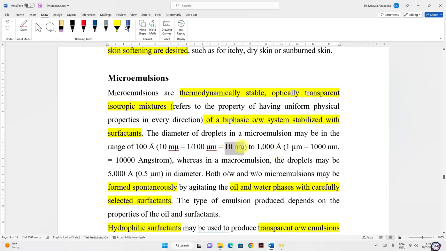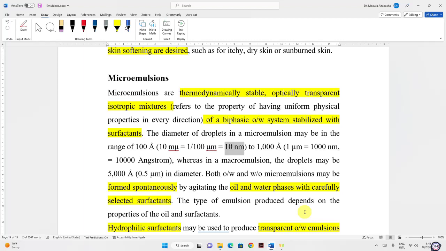So you have the internal phase size ranging from 10 nanometer to 100 nanometer. This is very small. If you compare it to the normal emulsion, they are 0.5 micrometer, meaning 500 nanometer and above. You should be able to convert these units from angstrom to nanometer to micrometer.